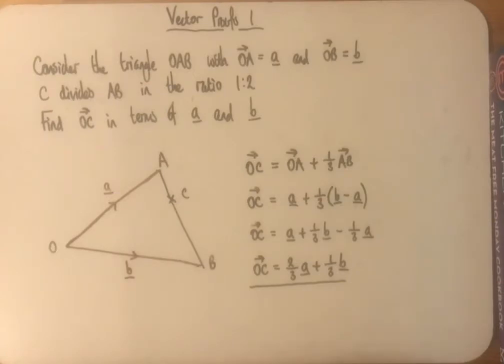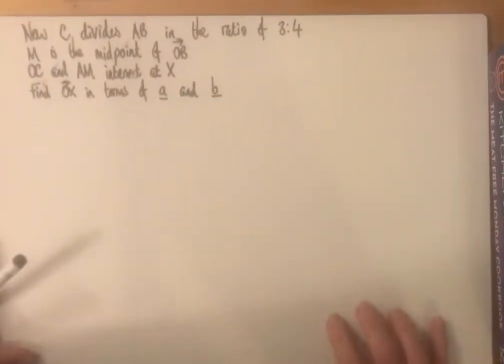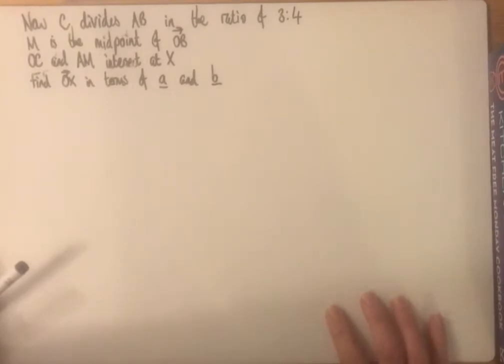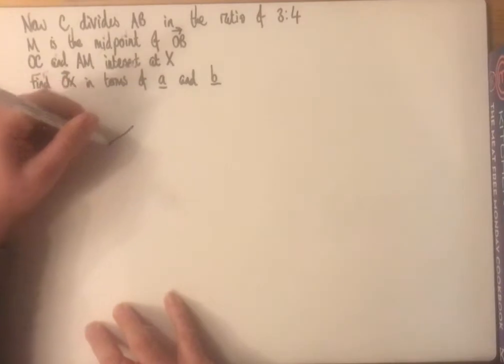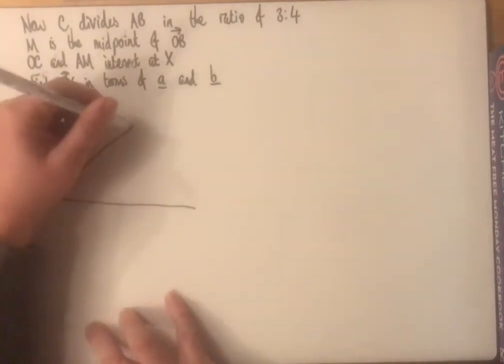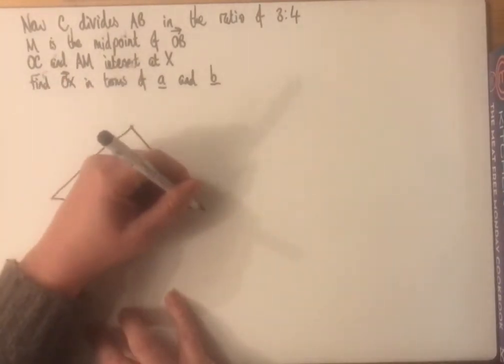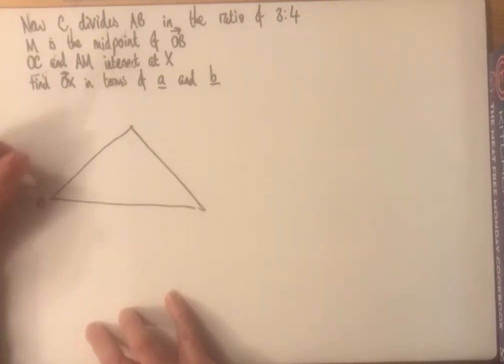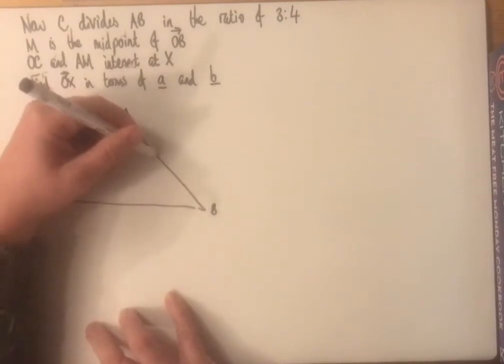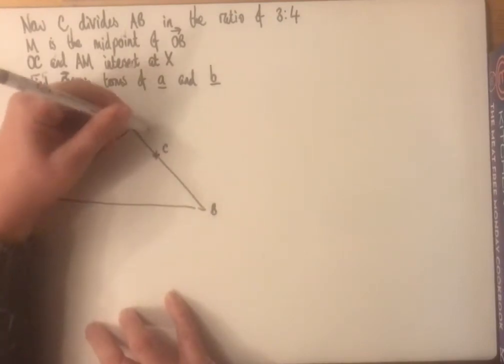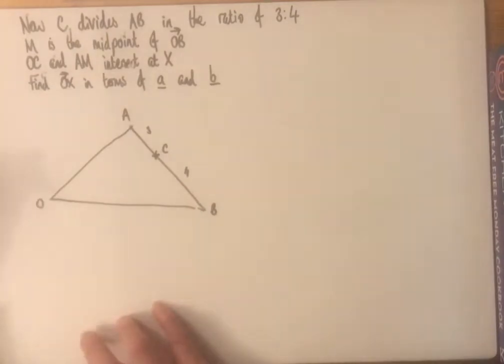Right, next one. So now we have that C divides AB in the ratio of 3 to 4. So I'll put C there, in the ratio of 3 to 4.